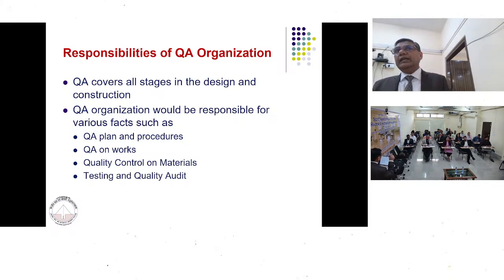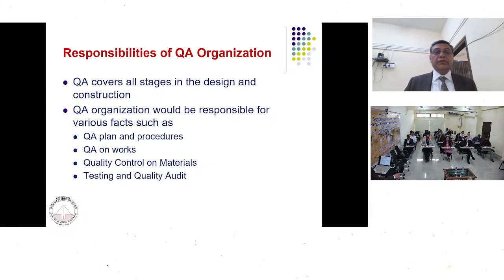The sequencing of these activities is interrelated, and any flaw in one activity will affect the whole progress of the project. So the QA organization will be responsible for various factors such as QA plan and procedures, QA on works, quality control on materials, testing and quality audit.